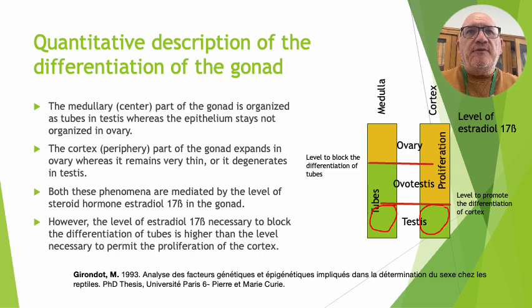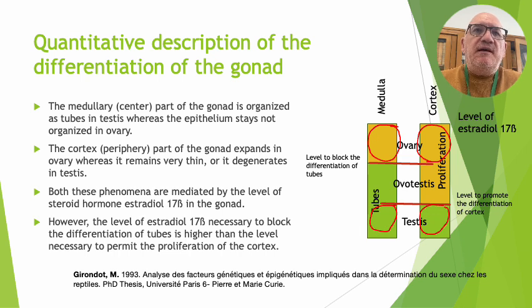When the level of estradiol 17 beta is very high, it blocks the differentiation of tubes in the medulla, but it permits the proliferation of the cortex.